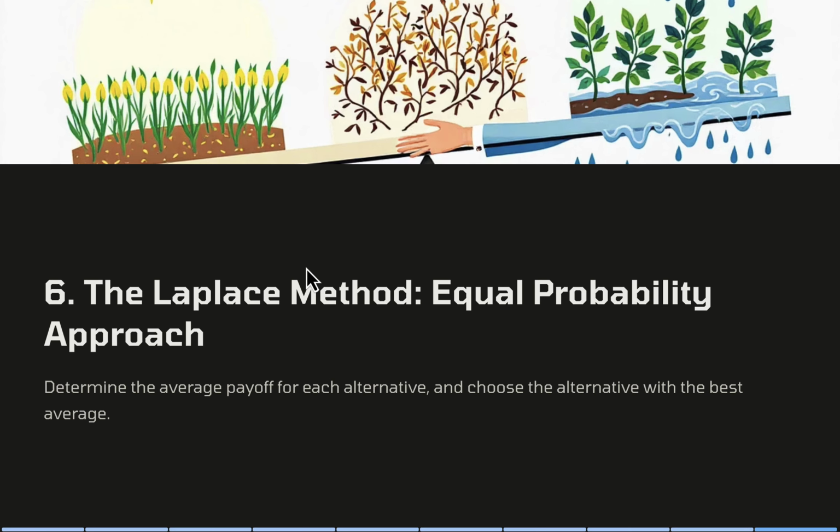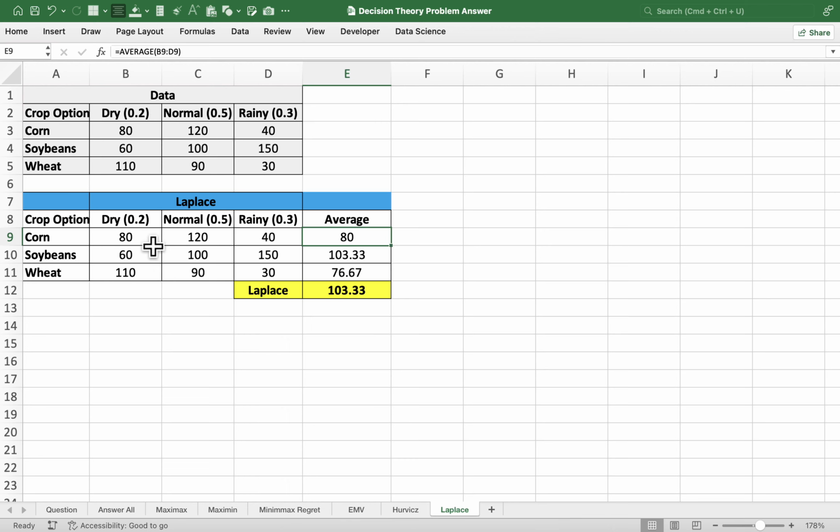The last criterion is the Laplace method, which assumes equal probability approaches. In this case, we determine the average payoff for each alternative and choose the alternative with the best average. So in this case, we assume that all three alternatives have equal probability, and therefore we take their averages. This is our data, 80 plus 120 plus 40, and when we take their average, that turns out to be 80.